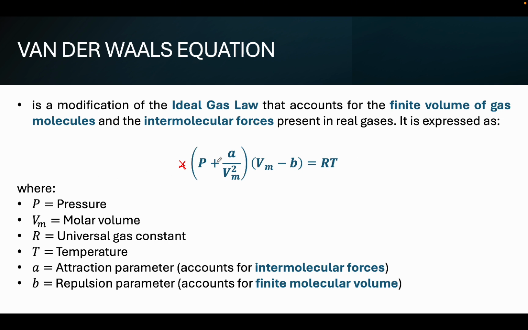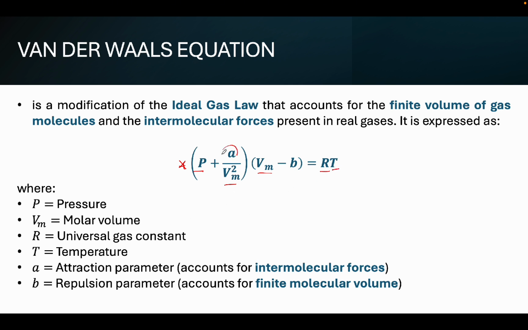P stands for the pressure. Vm is our molar volume. R is our universal gas constant, which is again equal to 8.314 joules per mole times Kelvin, and T is the temperature.